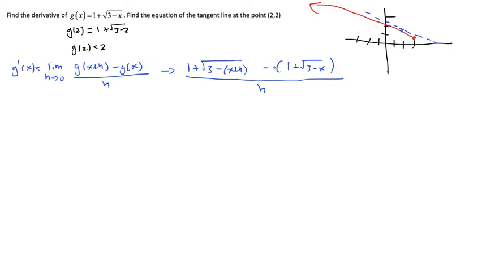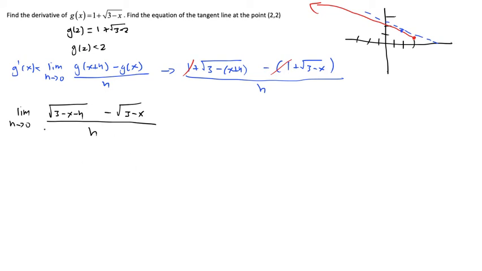Now we can go ahead and distribute the negative here. So we'll see that these two cancel out. We're still taking the limit as h approaches 0. And what do we have? We have radical 3 minus x minus h, and then minus radical 3 minus x, all of this still over h.